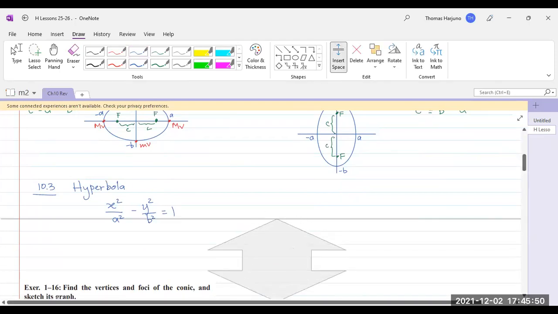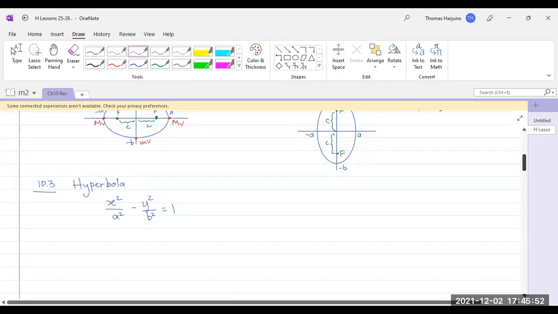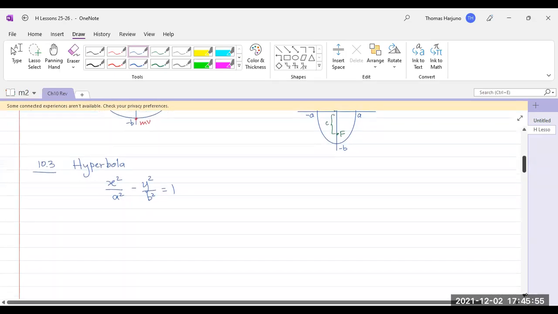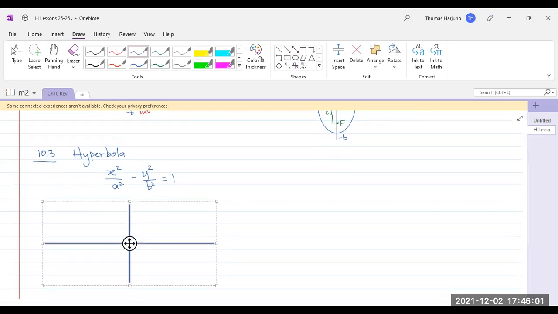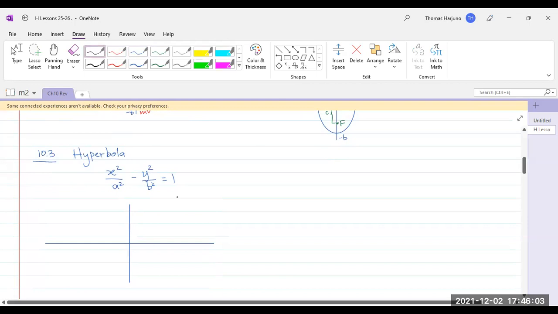In other words, the axis of this hyperbola is parallel to the x-axis. So let's say the hyperbola will be something like this.